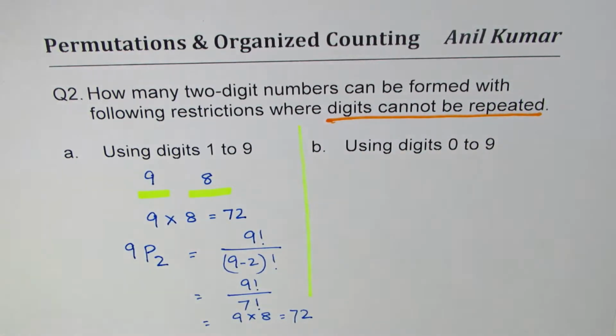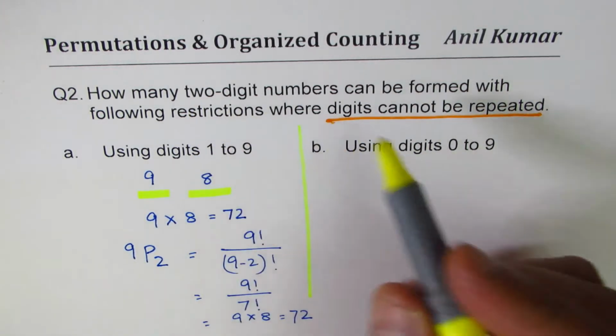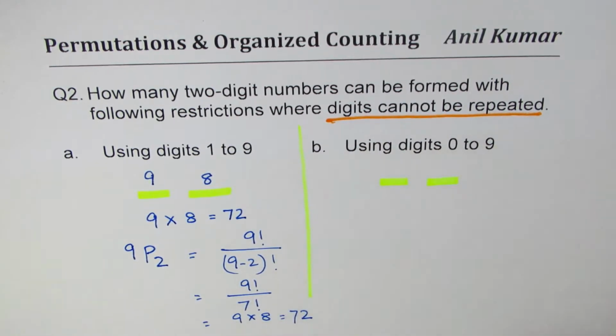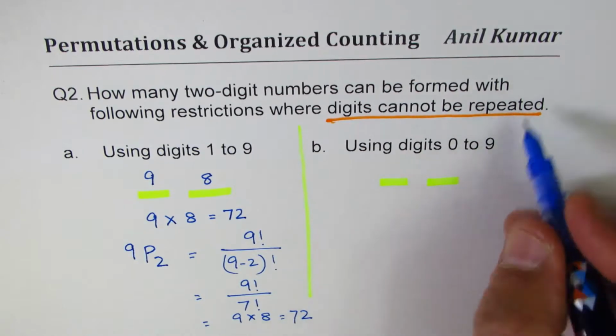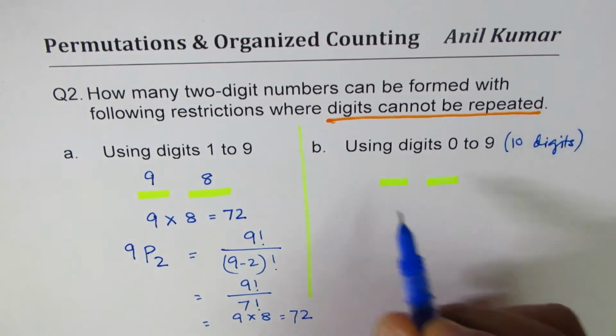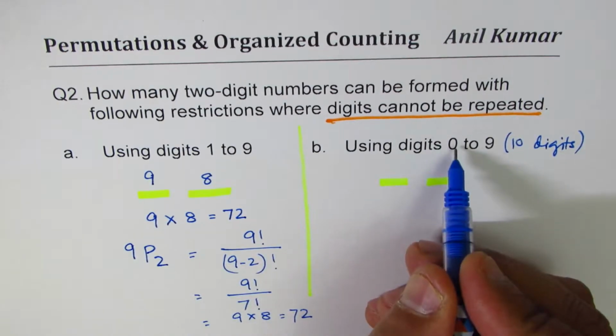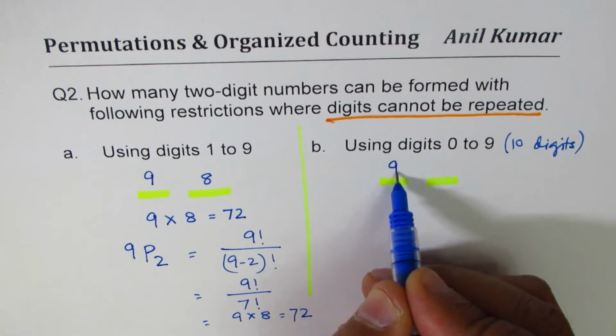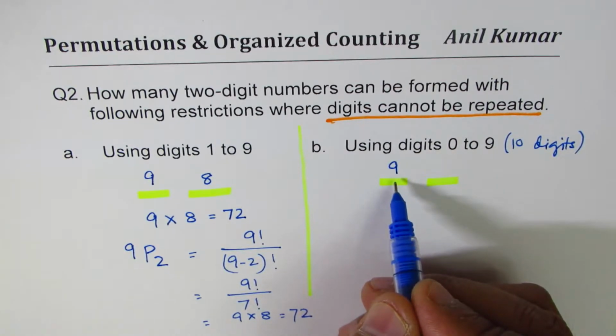You can always pause the video, answer the question, and then look into my suggestions. We have to form two-digit numbers using the numbers 0 to 9, which means we have 10 digits. In the first place, you cannot place 0 because then it becomes a one-digit number. So only 9 numbers can be placed here.